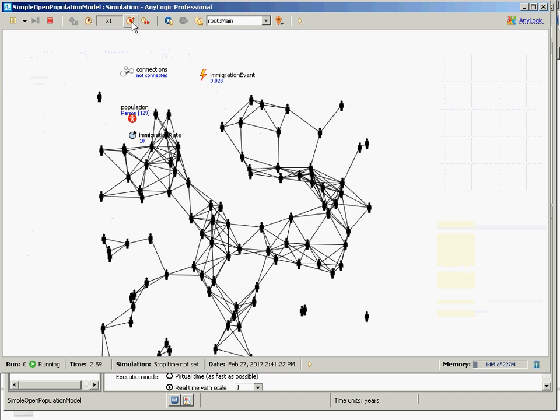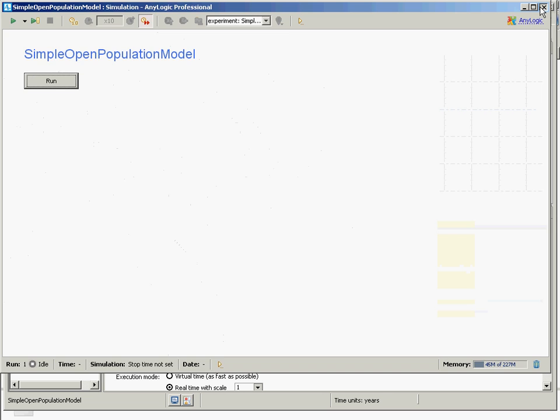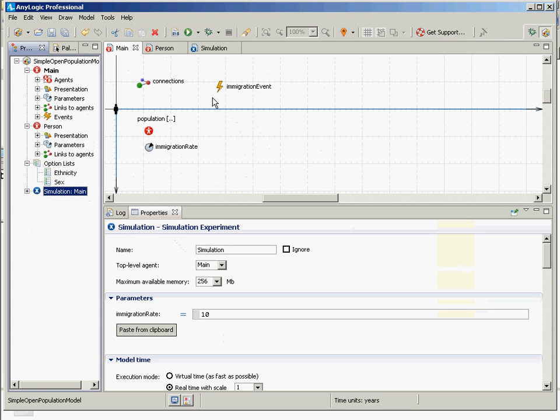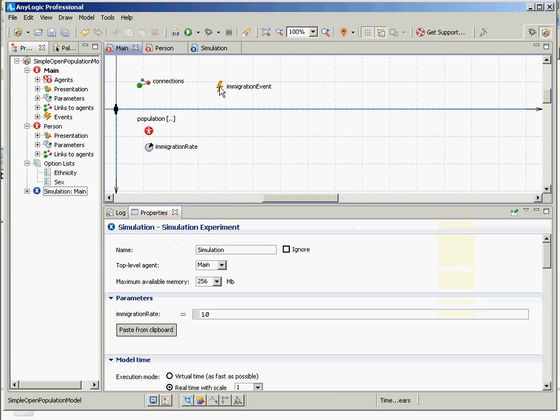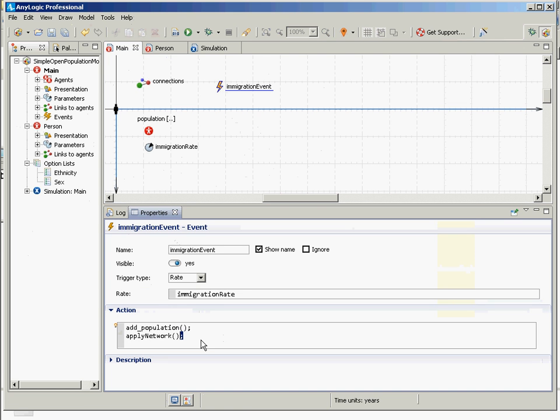Actually, I'm getting confused. These folks are appearing, but they're all appearing up there. Sorry, I need to figure out, because this is different from the behavior I'm used to in AnyLogic 6. Let me try this.